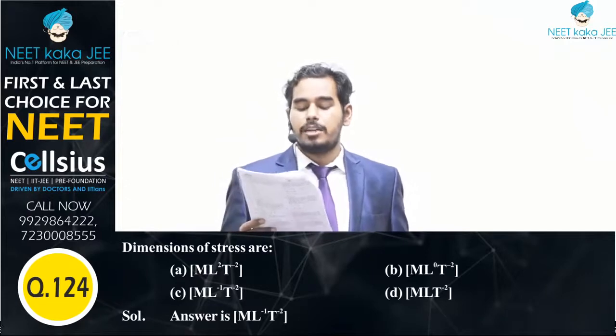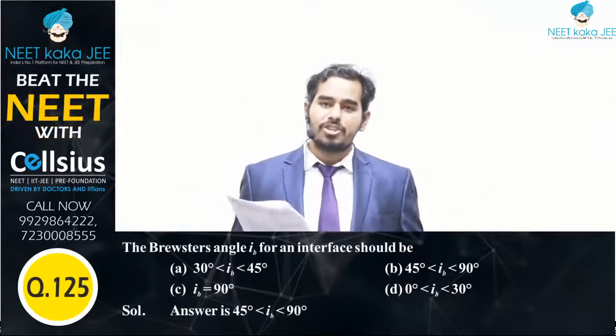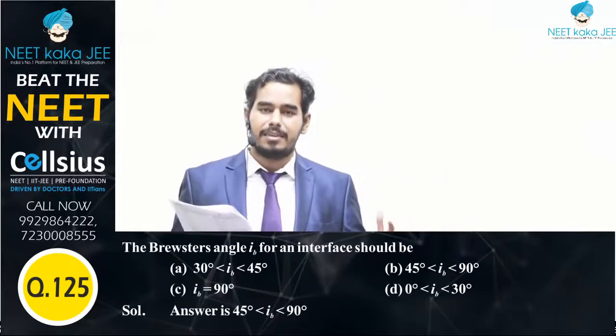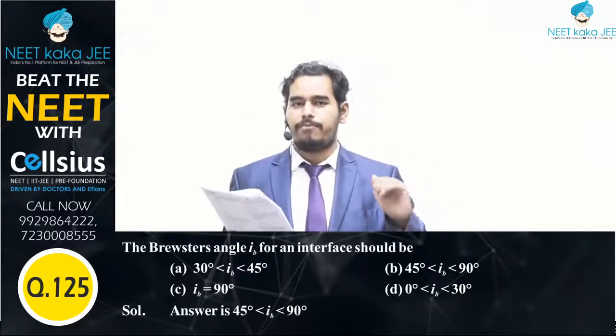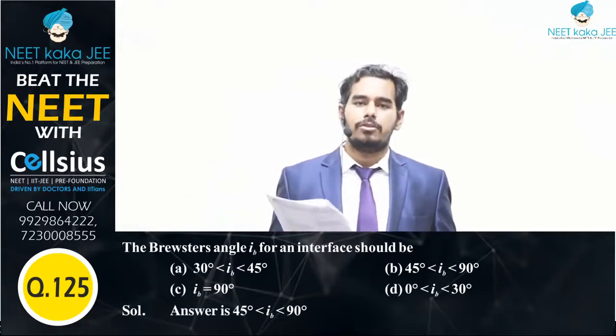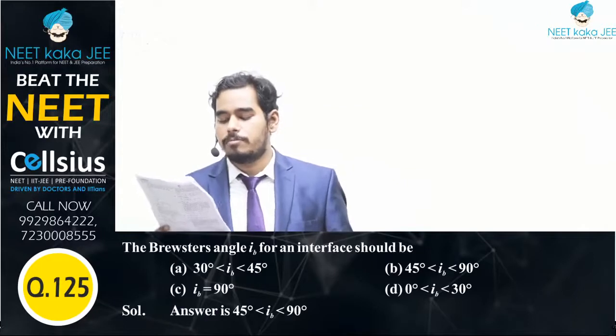Okay, now it's telling you the Brewster's angle IB for an interface should be. Now it's not mentioning for which interface, whether it's glass air or water air, but we have the ranges from 45 degrees to 90 degrees for different materials, which you can check from NCERT also. So your answer is going to be B over here.